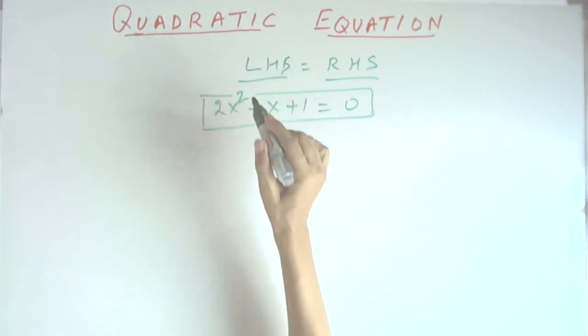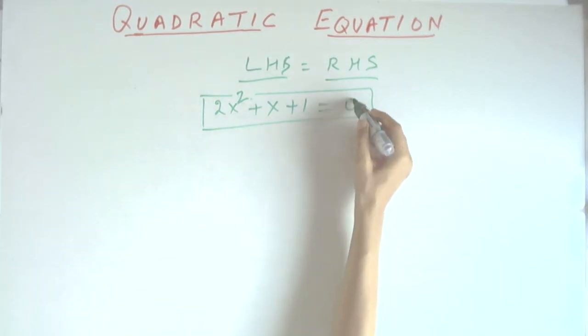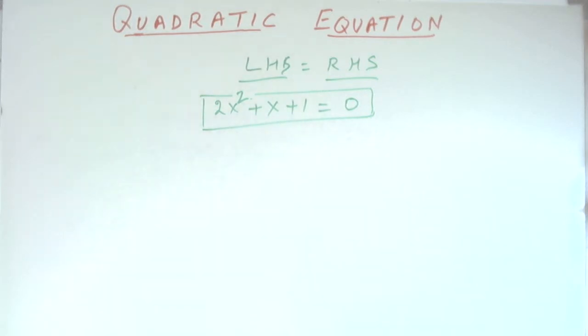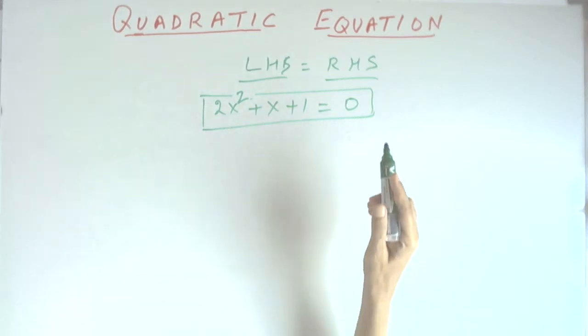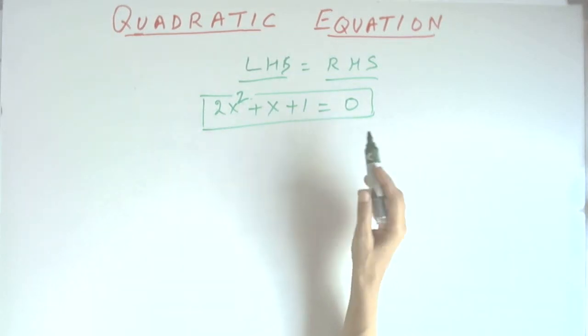So this is a quadratic polynomial on the left hand side, and in the standard format, on the right hand side we bring it to 0. However, it could be any value on the right hand side also, but as we know, we can bring the expressions or the terms from the right hand side to the left hand side or vice versa.